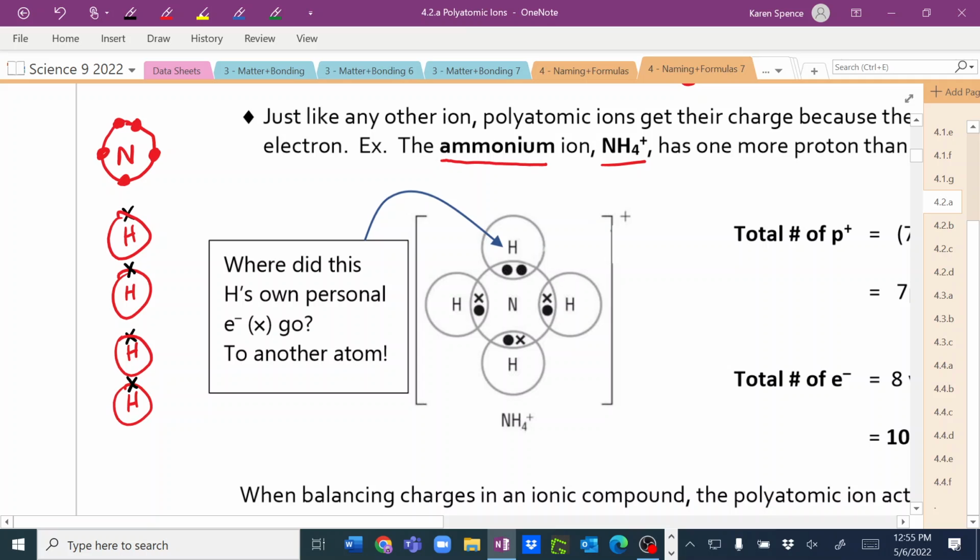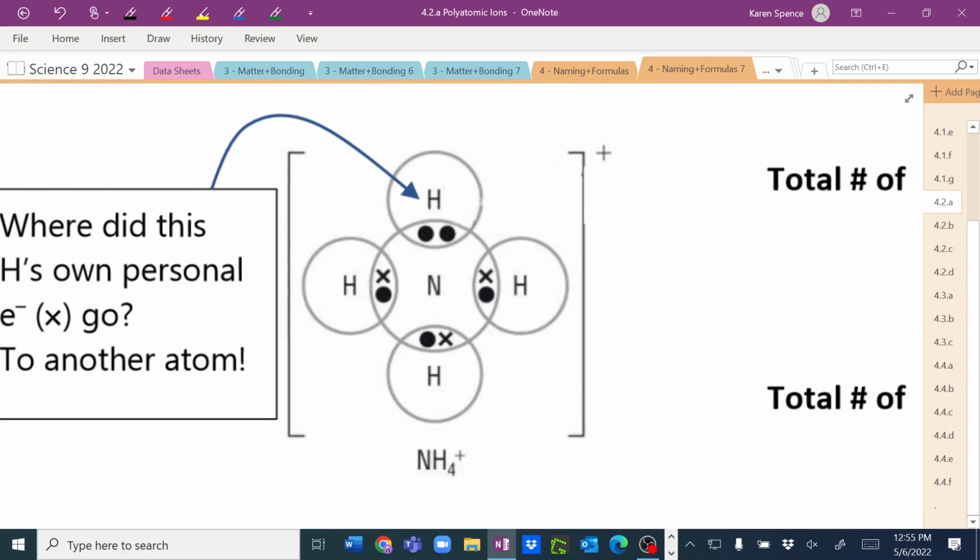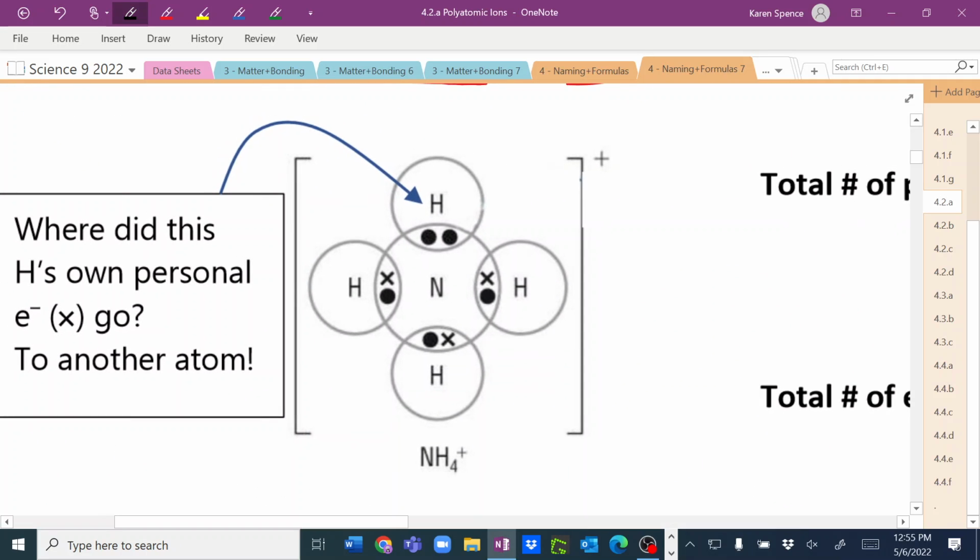In total, how many electrons does that give us? If we have one nitrogen with 5 electrons and each hydrogen, 4 of them have 1 electron each, that's 9 electrons in total. So that's how many the nitrogen and 4 hydrogens have. If you look at the dot and cross structure for ammonium, NH4+, count up the number of electrons in this structure.